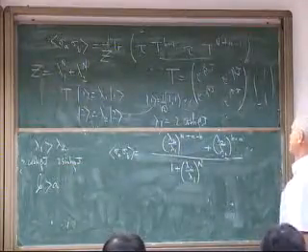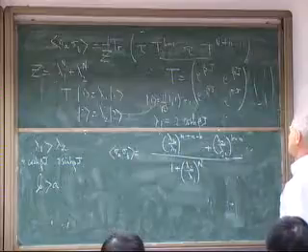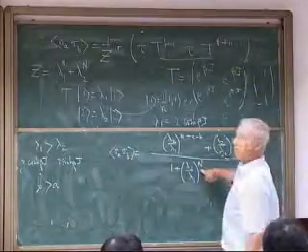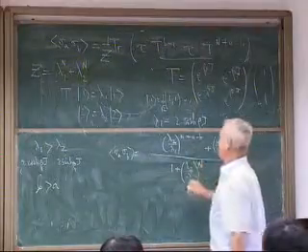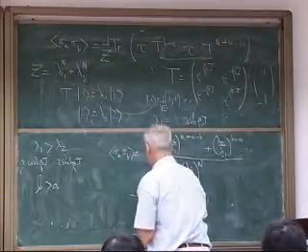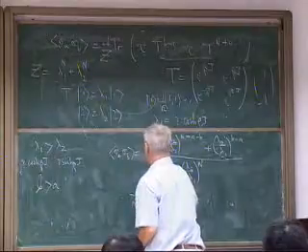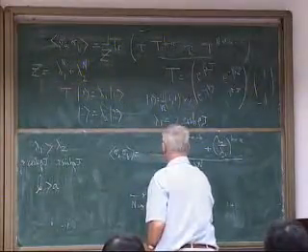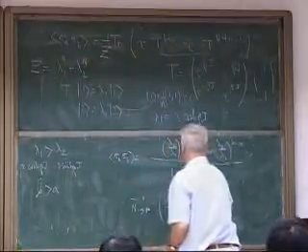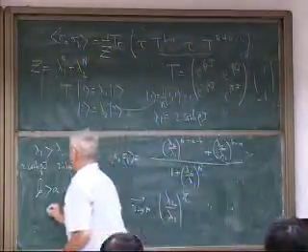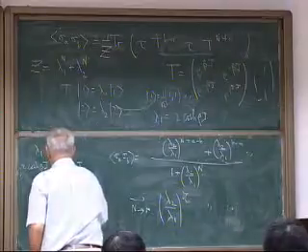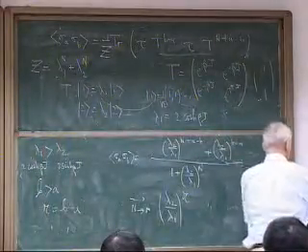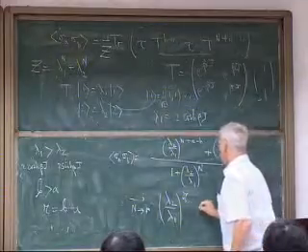N goes to infinity. Lambda 2 smaller than lambda 1. This is very small. The result, when n to infinity, is just lambda 2 over lambda 1 to the distance. I will call it r. R is the distance, b minus a. Therefore, the correlation falls off exponentially.